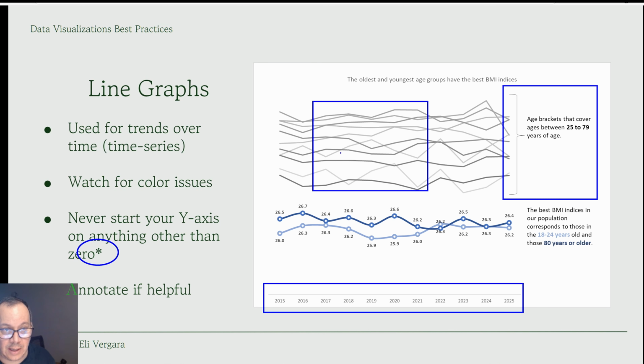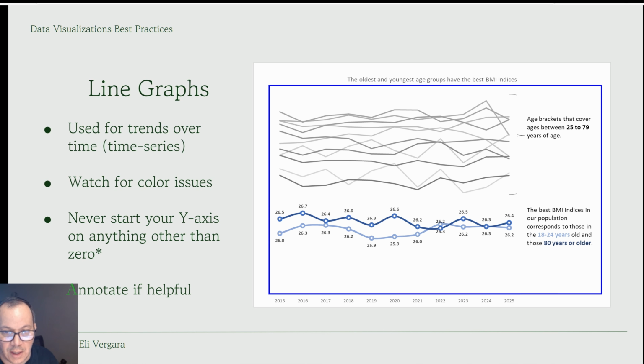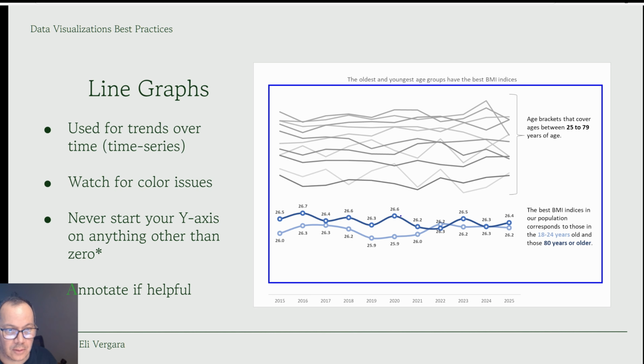Now, that asterisk is a very, very tiny asterisk because the exceptions have to be very, very rare. If you can accommodate your data to display in a way that fits well and it can be displayed okay, then you stick to having a 0 for your y-axis.